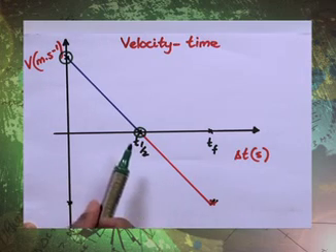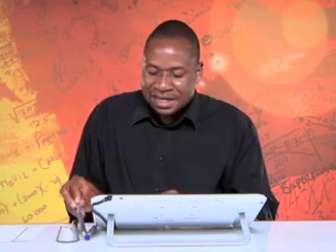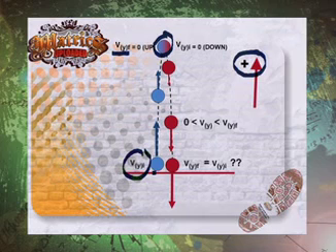Now let's look at what happens in the next half of the journey of the ball. The next half of the journey starts from the maximum height reached. The ball comes down, it increases its velocity as it comes down.